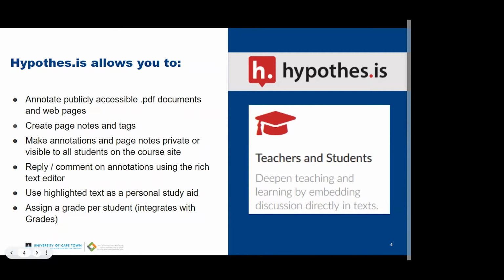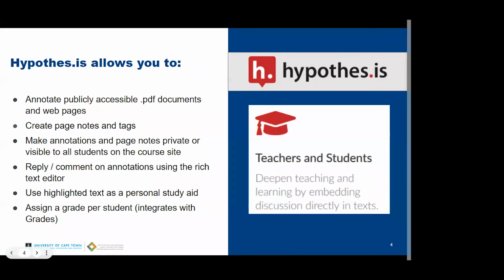You can also reply to comments on annotations using the rich text editor. And you can make use of the highlight feature, which is a personal study aid, because highlights are initially only private to the person who makes them.